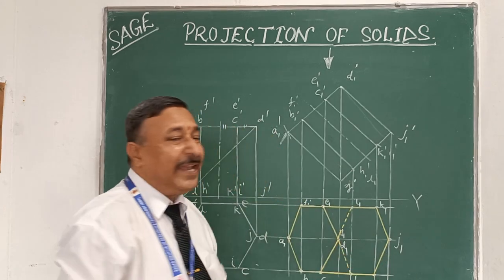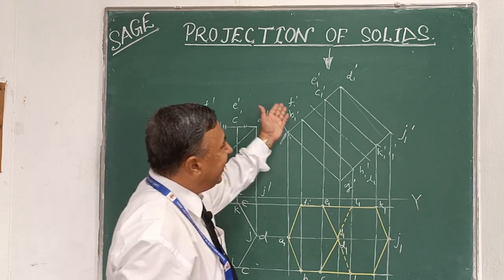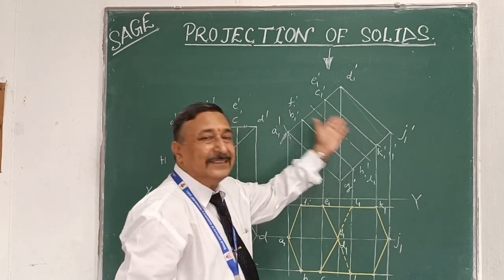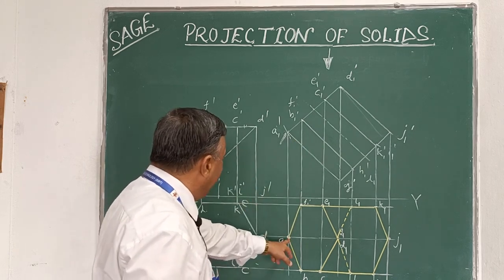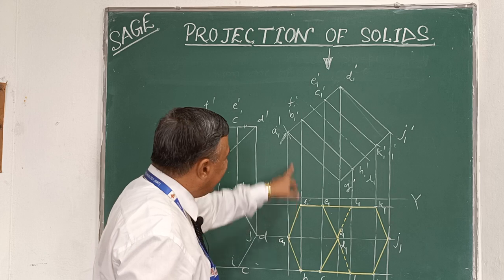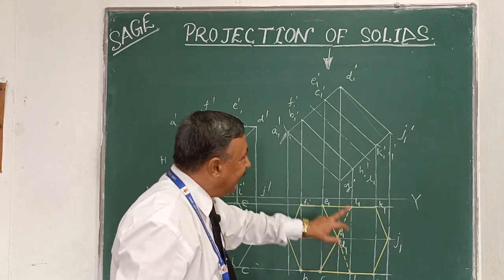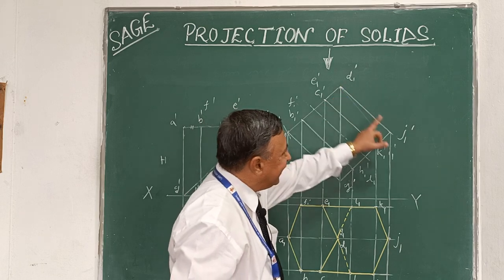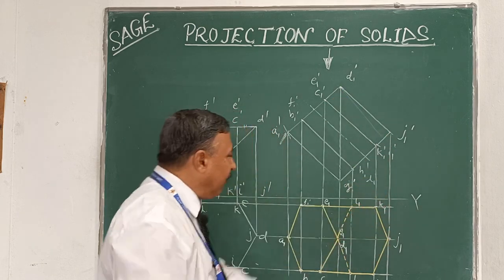Now we have to complete the edge of face. Now see here. We have to draw one edge of face, that is AG. And next edge of face, that is DJ.